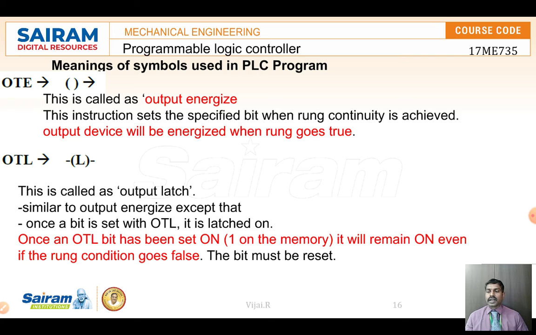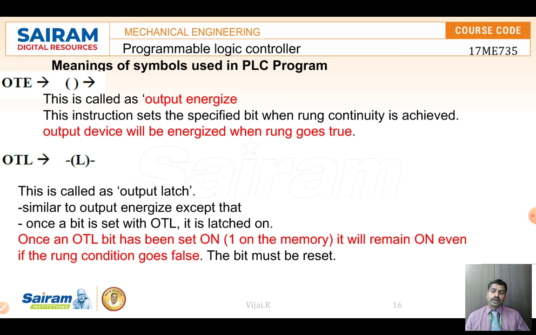The next one is latch, output latch. Here it is similar to the output energize, except this 1 bit is set to be OTL. If 1 bit is set to the OTL, then it is latched on, that is what we said, set on. When it is set on, it will remain on.